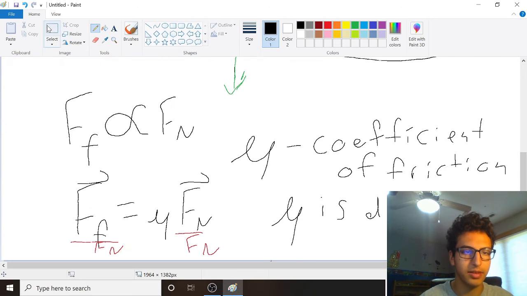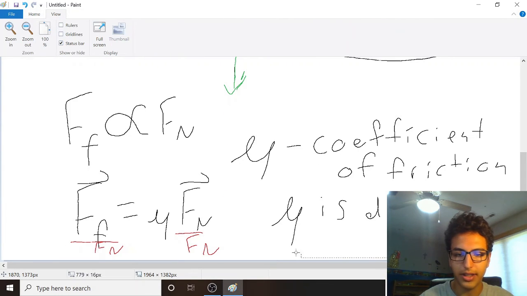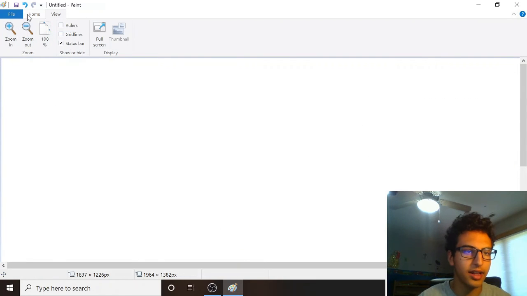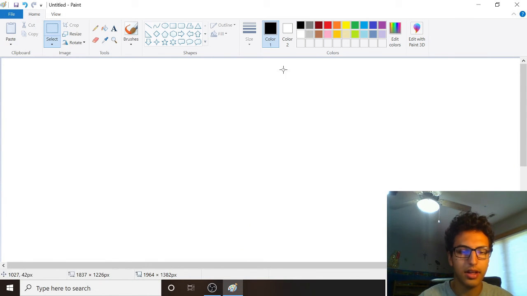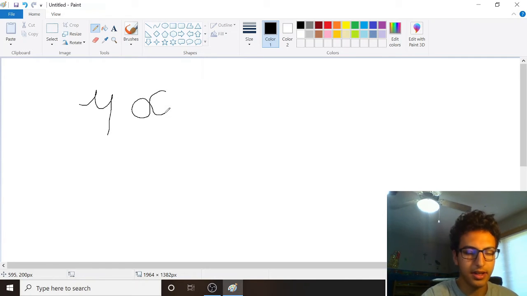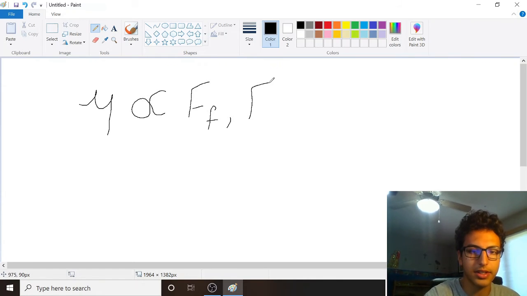What does that actually mean? Well, it means that it has no units. It's just a proportionality. Okay? So the coefficient of friction, mu, is just a proportionality to relate the frictional force and the normal force.